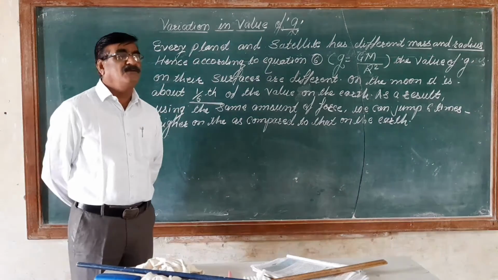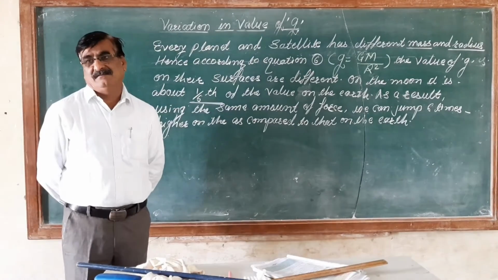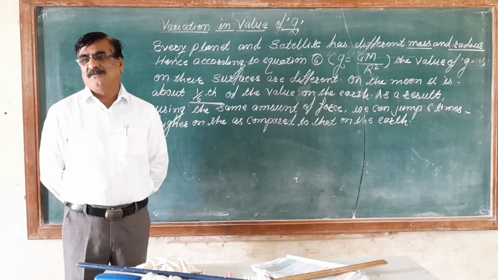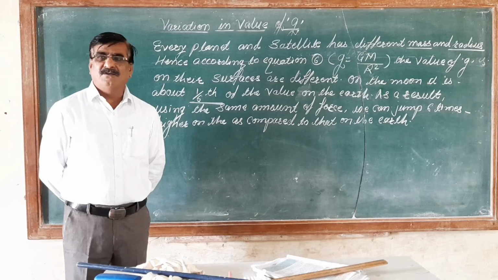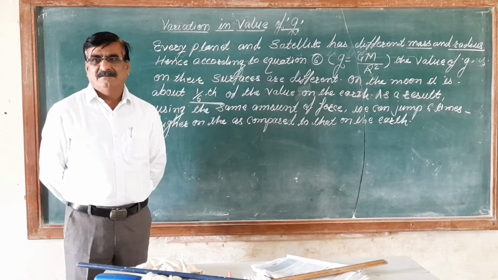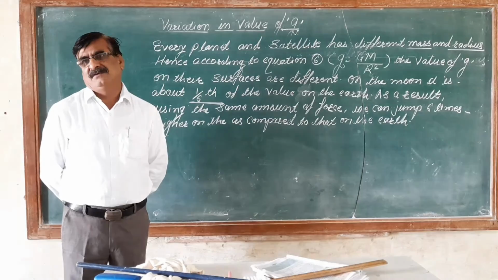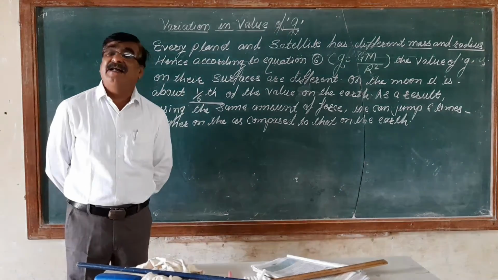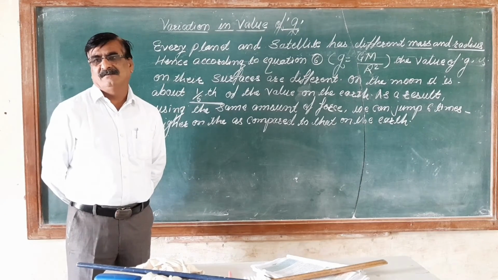Our height will go 6 times greater on the moon surface because of the pulling force on the body of the person. So we can jump 6 times more than we jump on the earth.